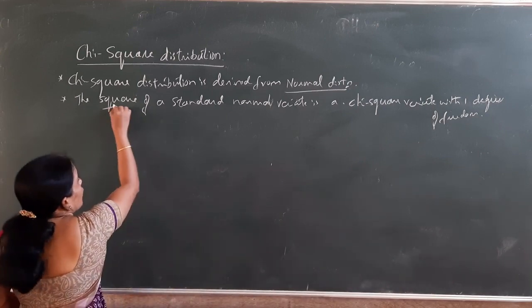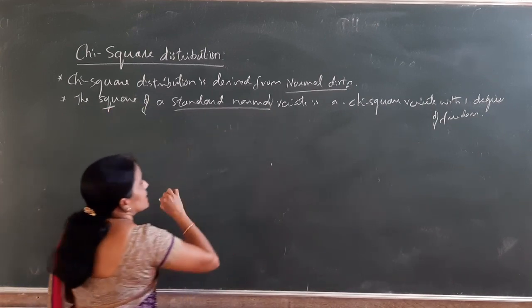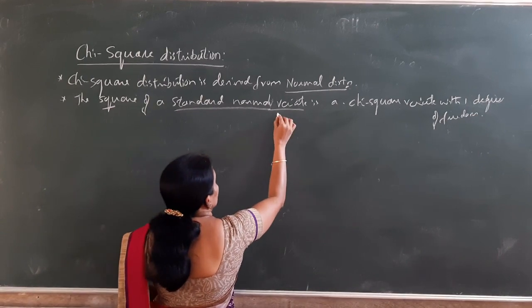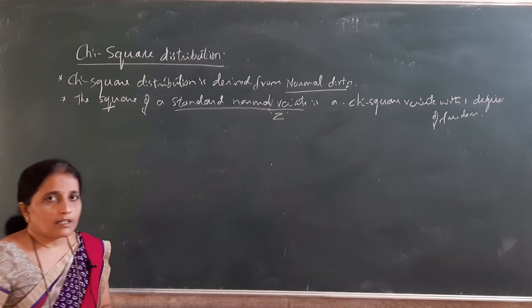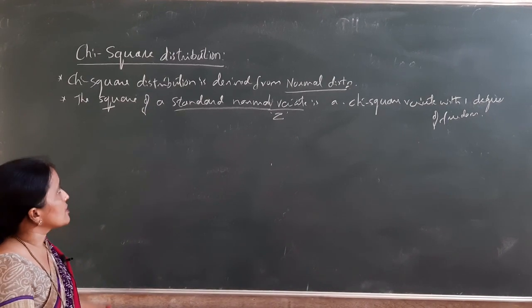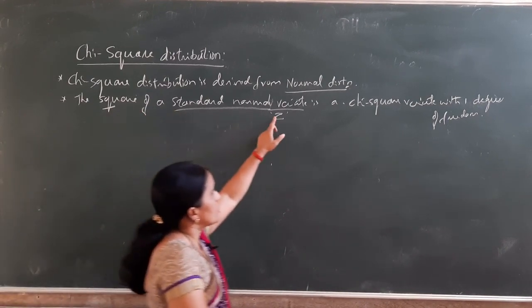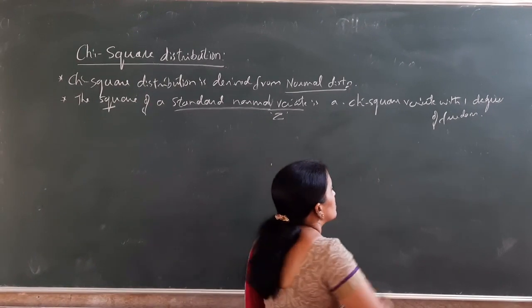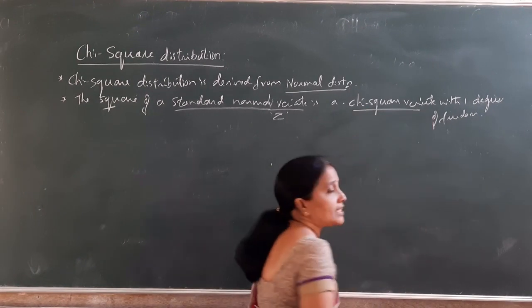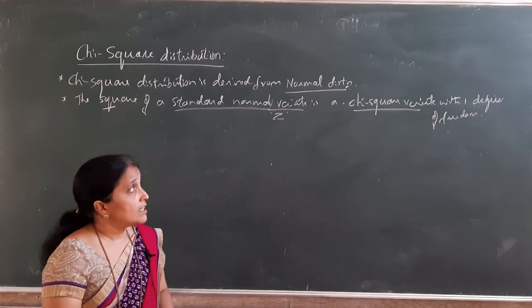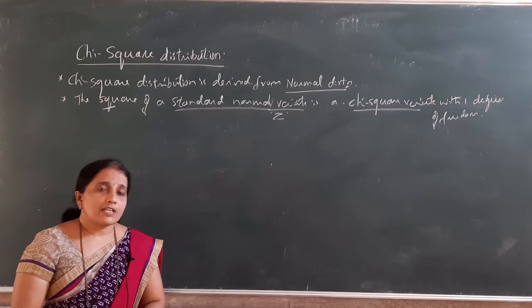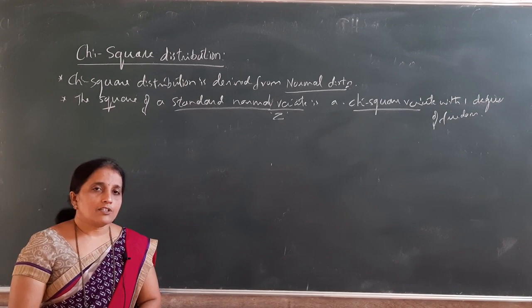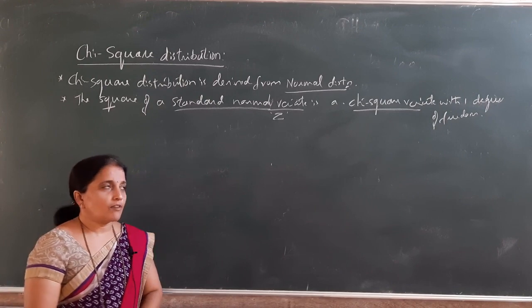We studied that the standard normal variate is denoted by the letter Z under normal distribution concepts. So, the square of a standard normal variate is a chi-square variate with 1 degree of freedom. You must know this.